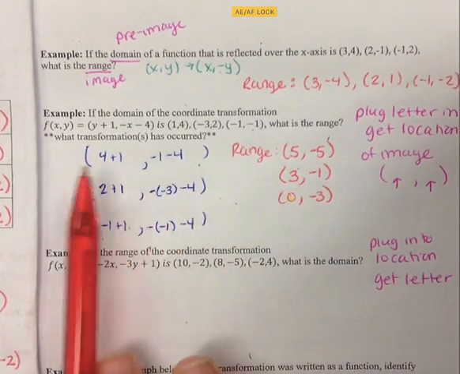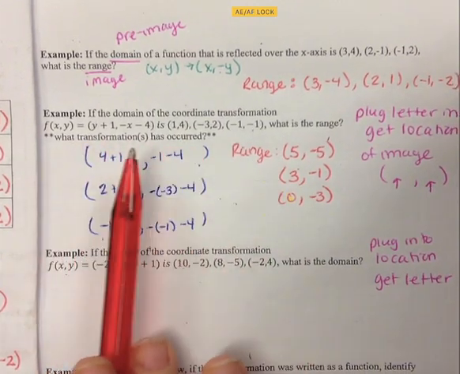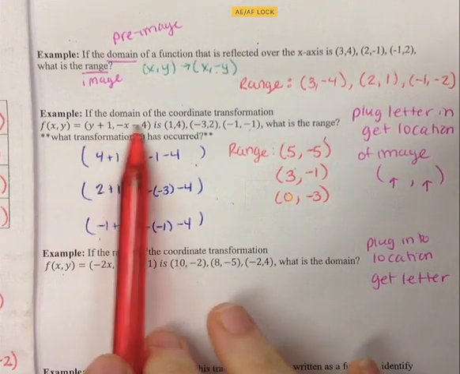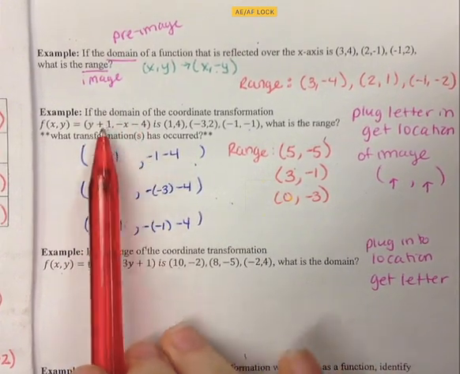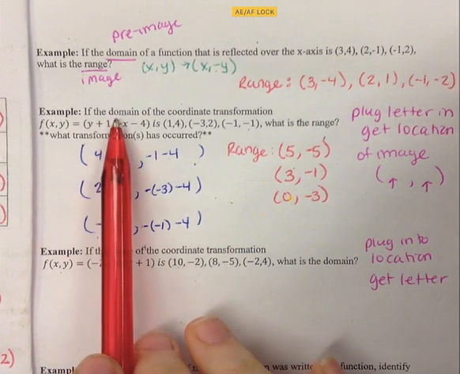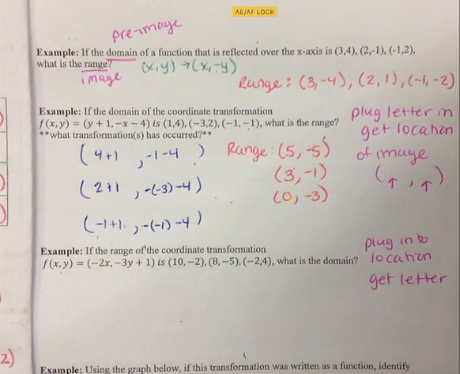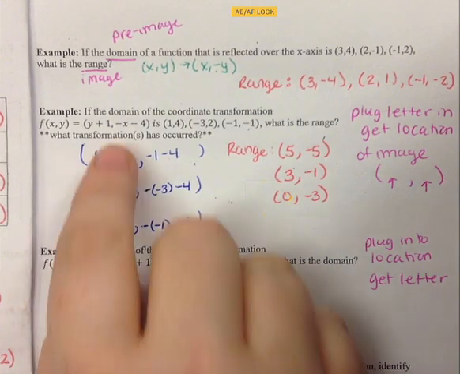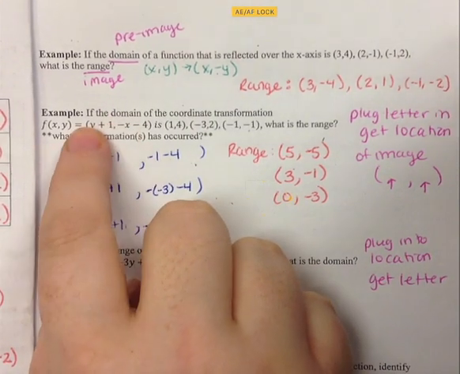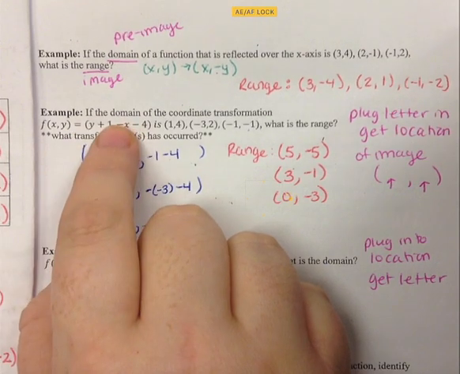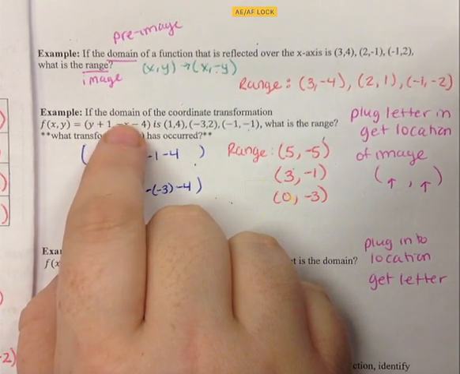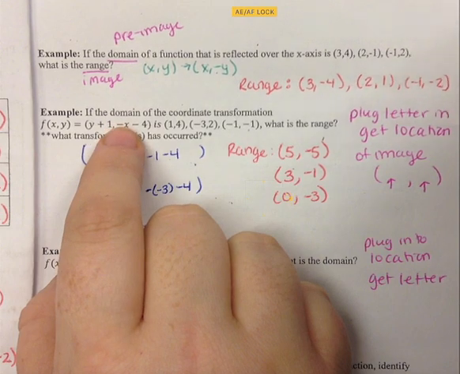We have our range, but it's also asking what transformation or transformations has occurred. And hopefully we've already noticed that because there's multiple things happening here, not just x and y, it will be a composite. So there's going to be multiple ones. If we focus on our x's and our y's at first, just the letters, you can see that the x and y is actually flipped, but then only the x value is negated.